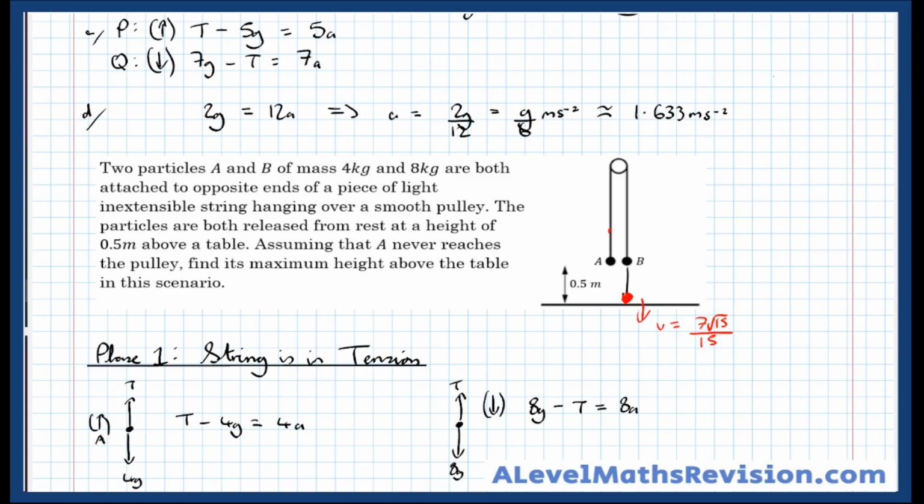And now A is up here and it's moving upwards with that speed. So B hit the ground, moving down at that speed. So at the start of this phase now, A must be moving upwards with that speed.